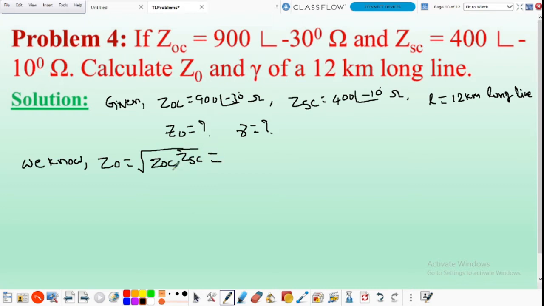Substituting ZOC and ZSC values into this equation, we get Z0 equal to the square root of 900 into 400, which is 360 into 10 cube. The square root of that value is 600.